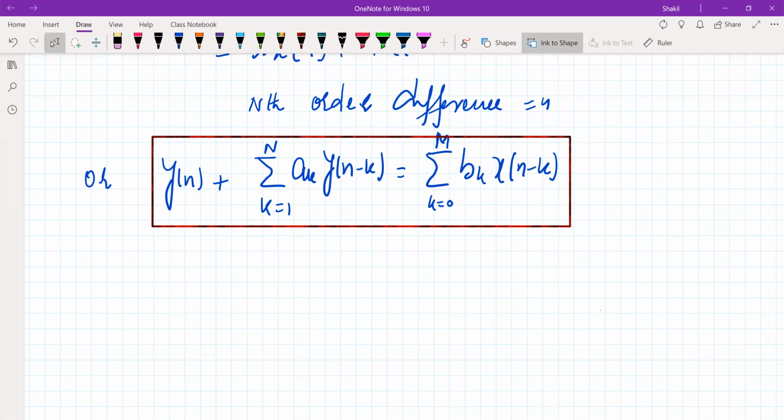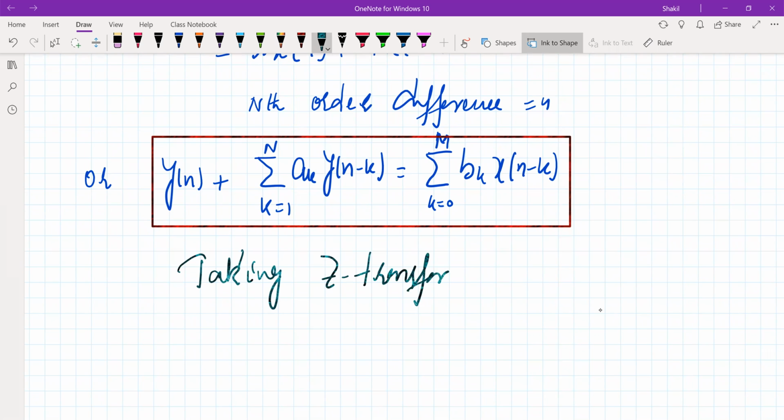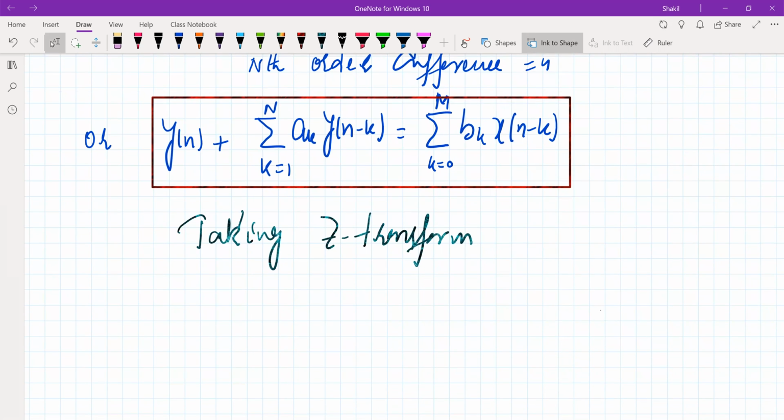Now the frequency domain realization of the same: we can obtain the frequency domain realization of the discrete time system by taking the Z transform. So taking Z transform on both sides, what do we have?